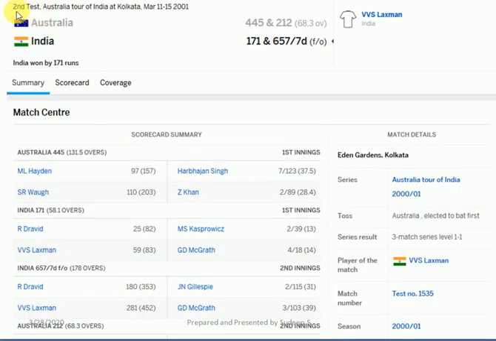So this was the second test match between India and Australia, and Australia went on to score 445 runs and India went on to score 171 runs.